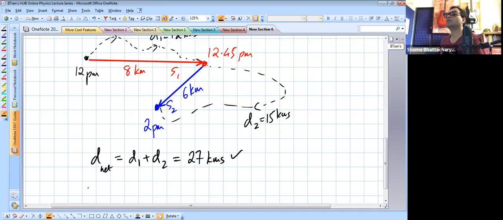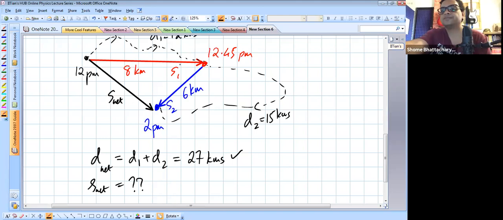But if I ask about the net displacement, then that is a big question mark, because I can see in the diagram, my net displacement is not going to be 8 plus 6 at all, because net displacement will be defined as this. You can see that this thing over here is going to be my net displacement. And right now I have no information about how this is, because I don't know the relationship between this one and this one in terms of the angle.